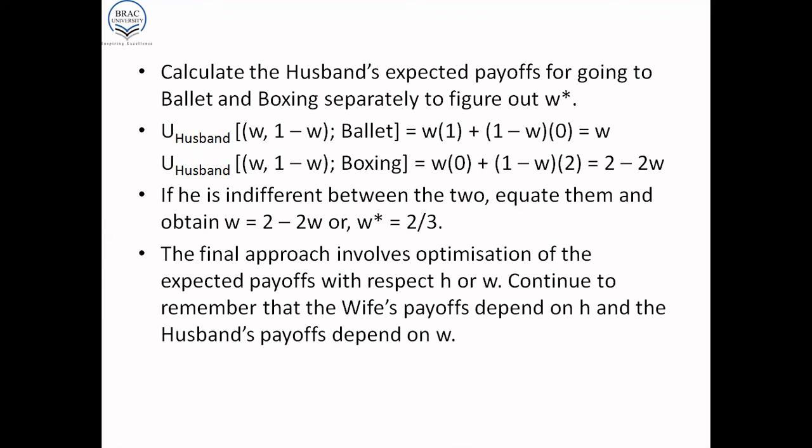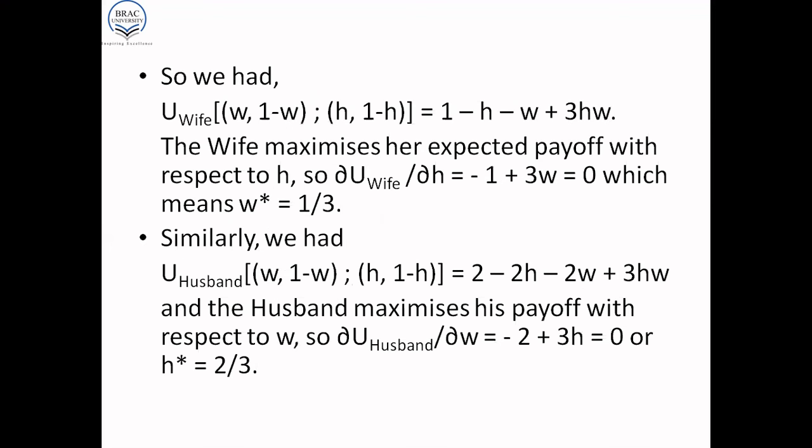Now, the final approach involves optimization of the expected payoffs with respect to H or W. Now, continue to remember that the wife's payoffs depend on H and the husband's payoff depends on W. So for the final approach, you need to calculate the original expected payoff, which we already have done. So that is equal to 1 minus H minus W plus 3HW.